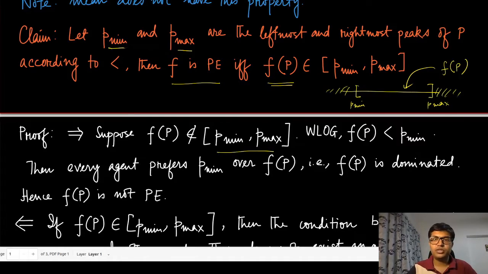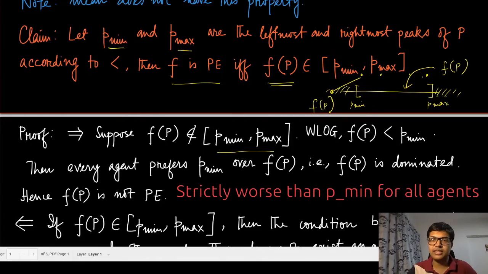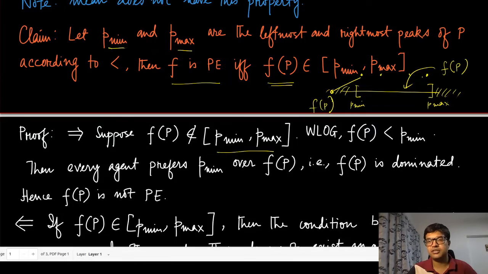In both these cases, because the peaks are somewhere here, the agent peaks are always living somewhere in between. If the f of p is somewhere here, then it is strictly worse than their current peaks for all the agents. And that is certainly a dominated alternative.